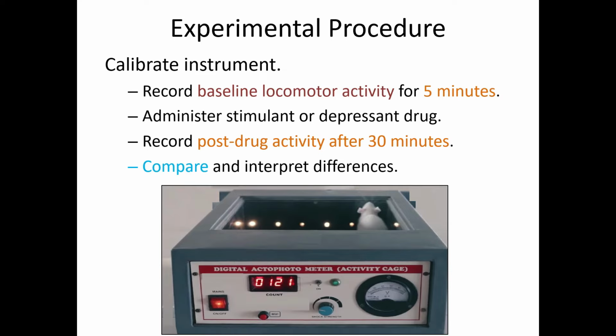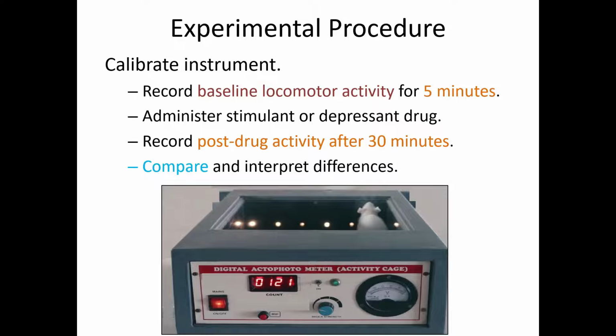After calibration of the instrument, what will we do? We will record the baseline for all animals. Suppose we have 10 animals; we take their readings for 5 minutes as baseline, and after that we randomize the animals and divide them into 2 groups.